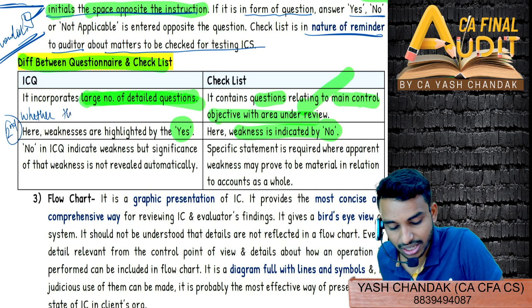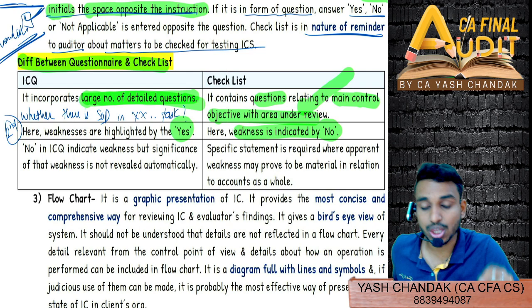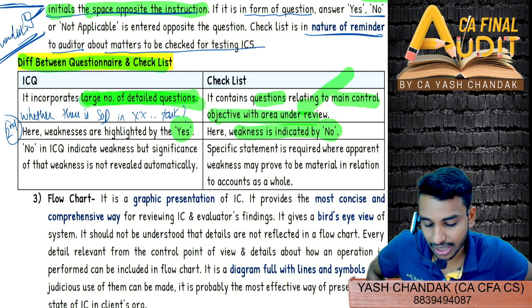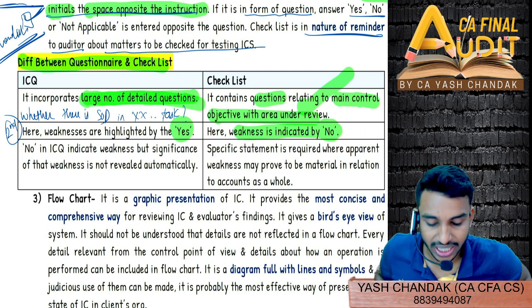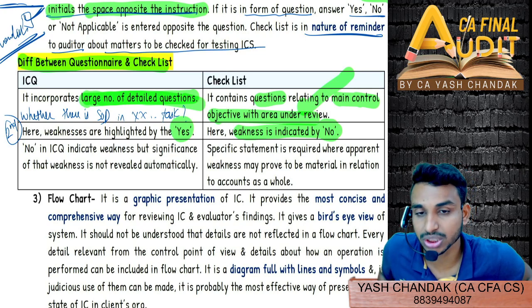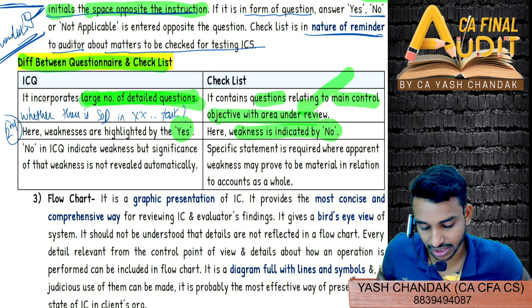Whether there is segregation of duty in the following task. Where do you think, with proper framing of the question, it will come? In ICQ or checklist? In the checklist, right? Because if at all they say no to this question, then that will reflect weakness of the entity.